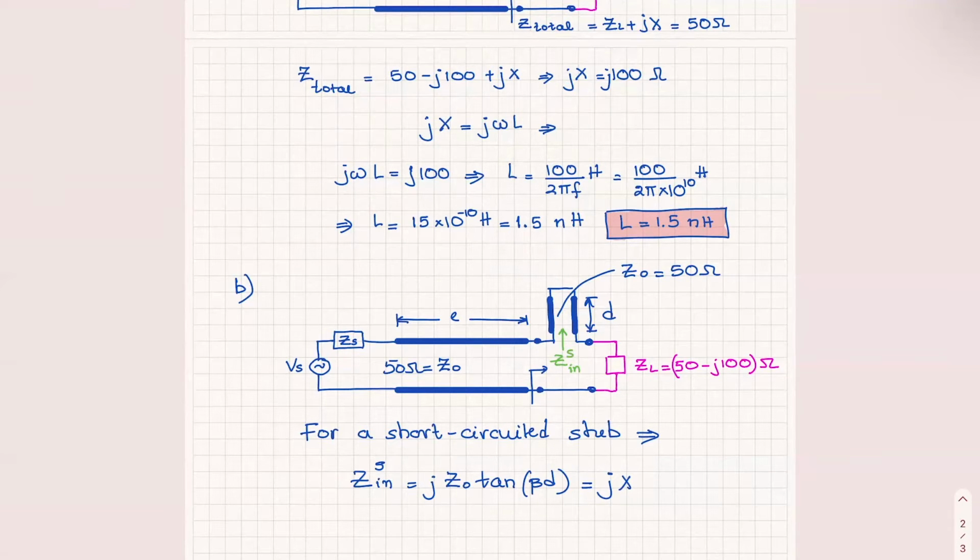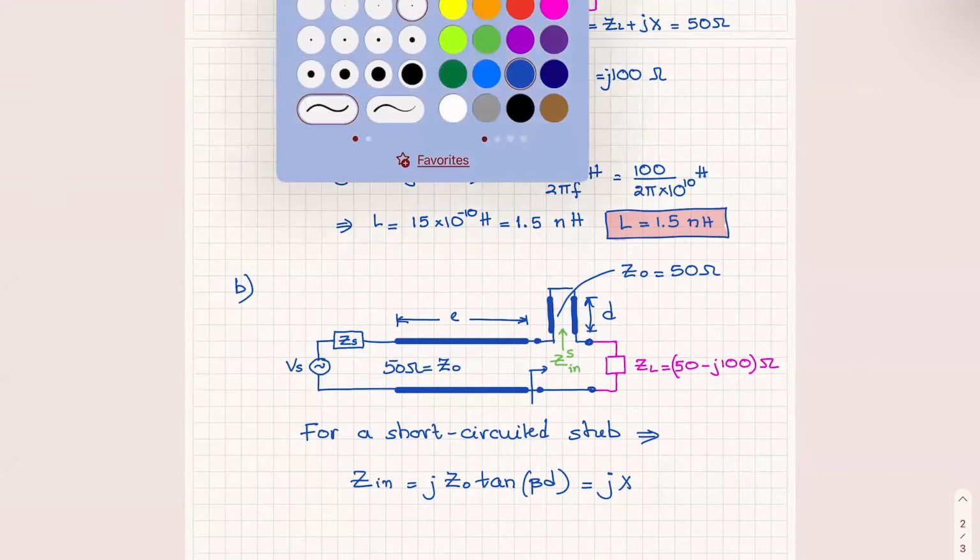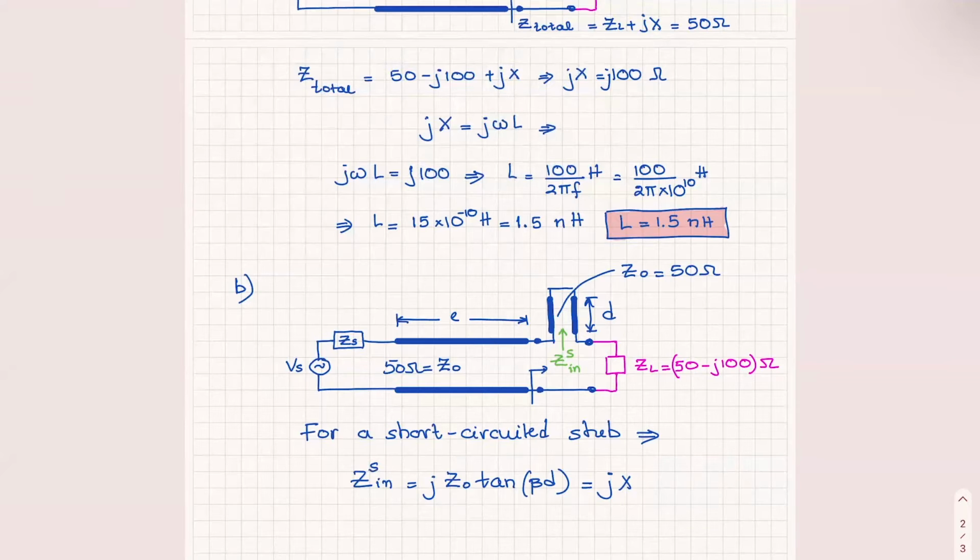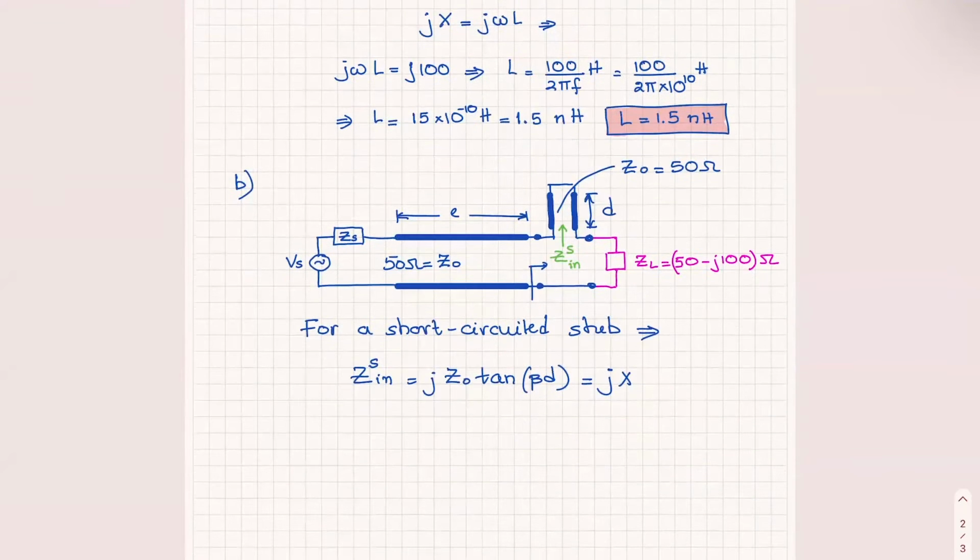Is that equation only for short-circuited stubs or open stubs? So the general equation is the input impedance to any transmission line. So let's make a clarification here on how I found that.